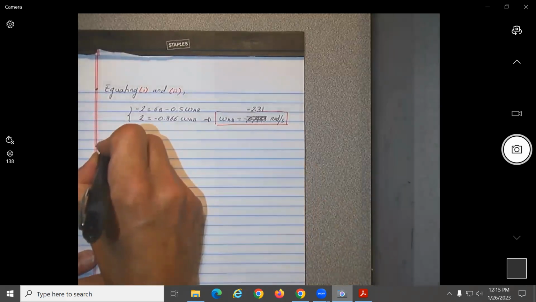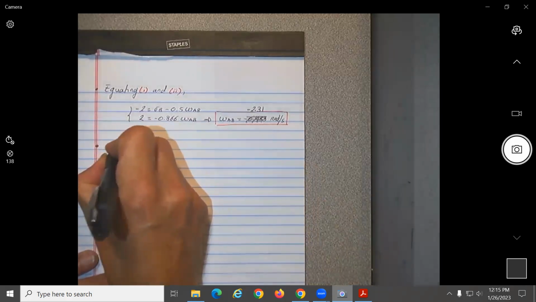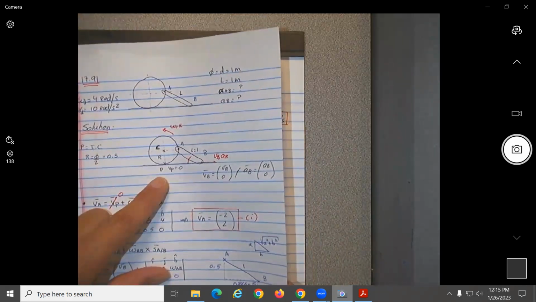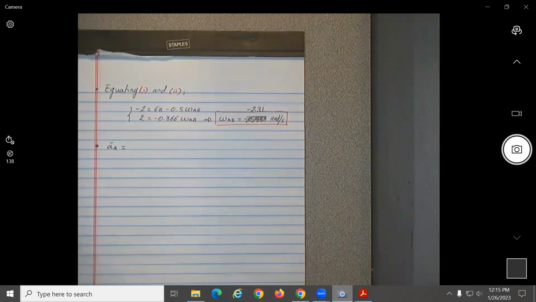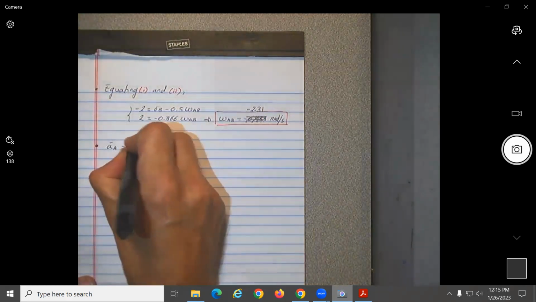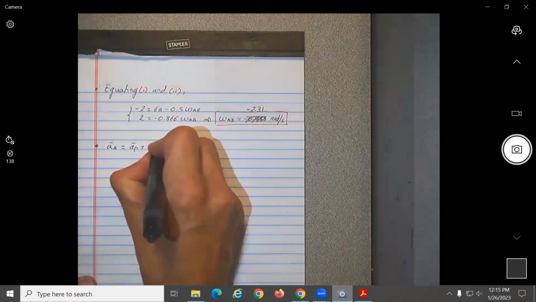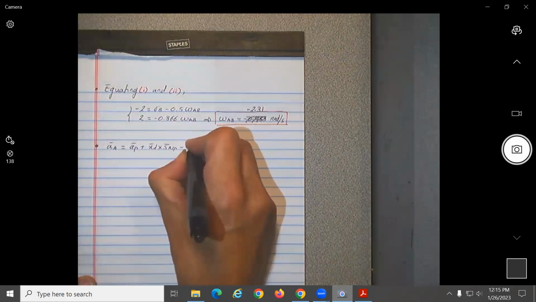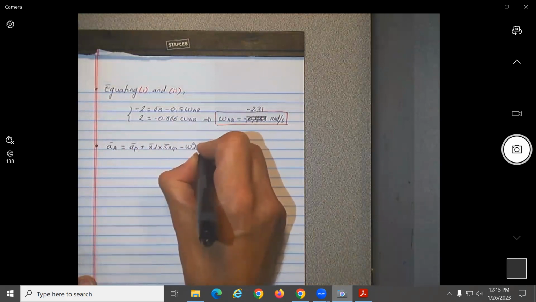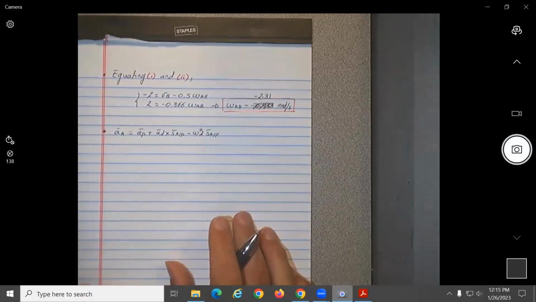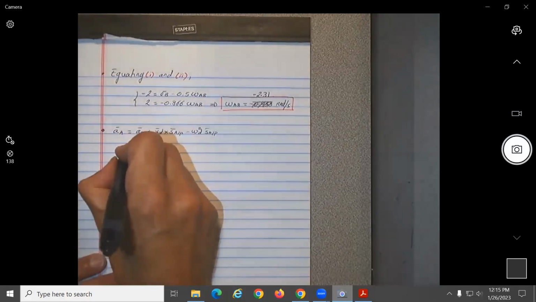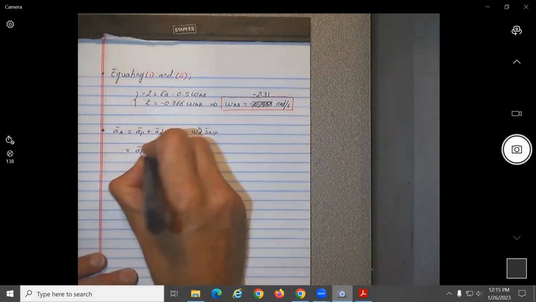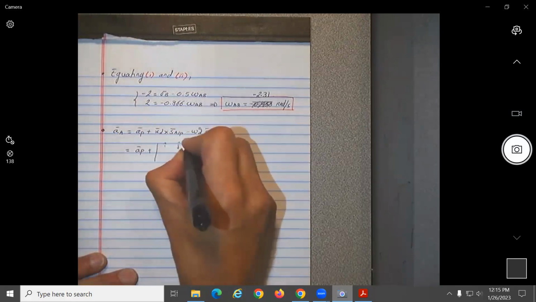Okay, so now if you want to, we can do what? Acceleration of A from two different locations. So let's find the acceleration of A from point P, no? We say directly, we have acceleration of A equal acceleration of P plus alpha of the disk cross r of A with respect to P minus omega squared of the disk r of A with respect to P. So we have AP plus i, j, k of 0, 0.